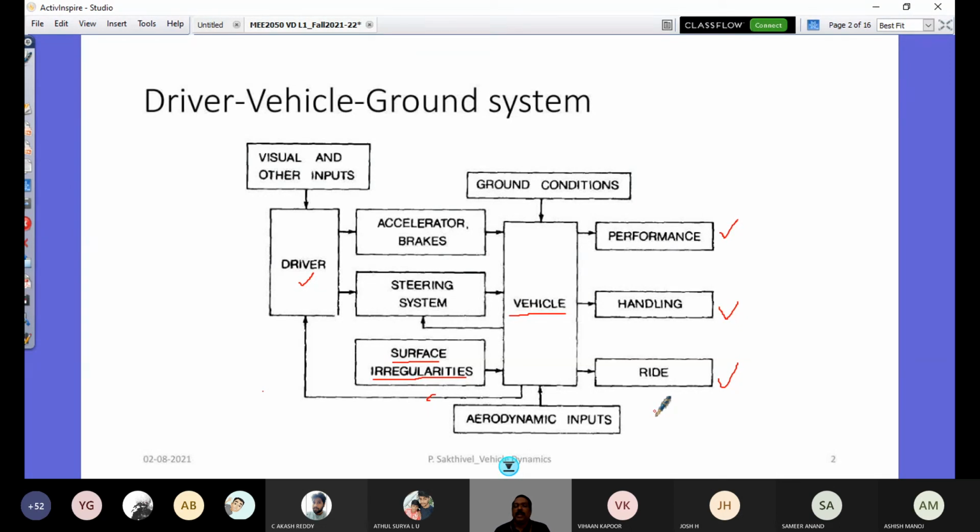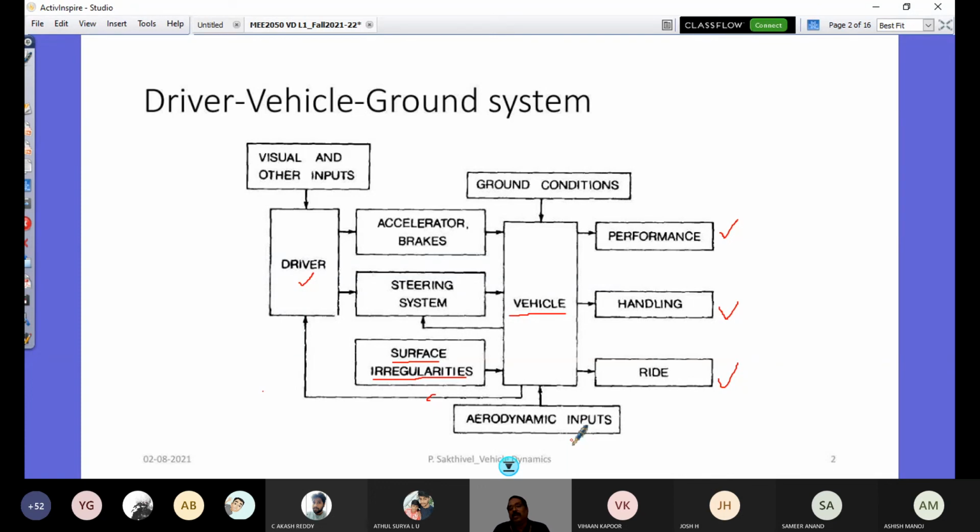There are many sources that make your vehicle feel vibration and feel noise inside, or create noise and vibration outside. So the vehicle is going to be a source of vibration and noise itself.